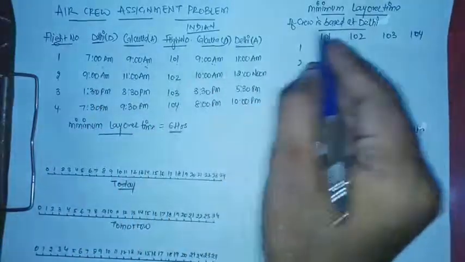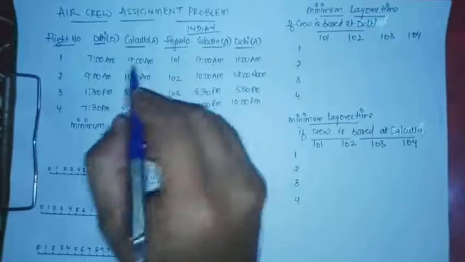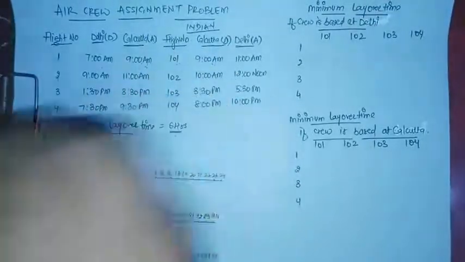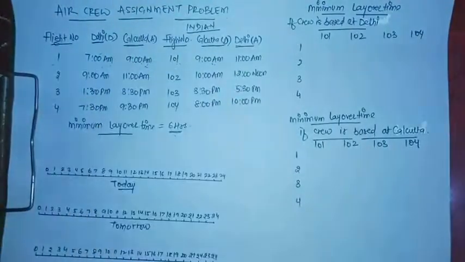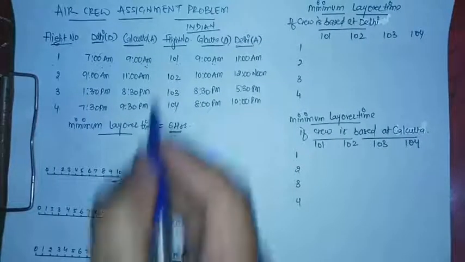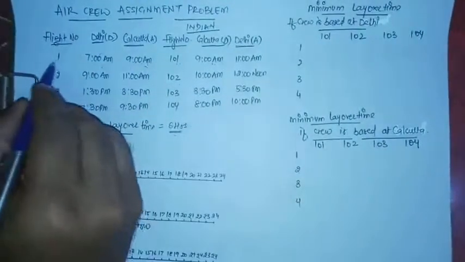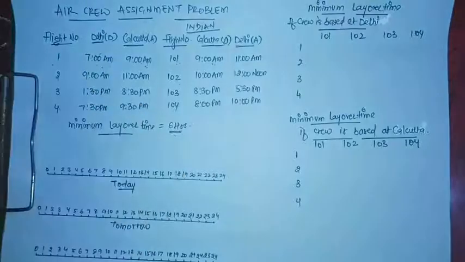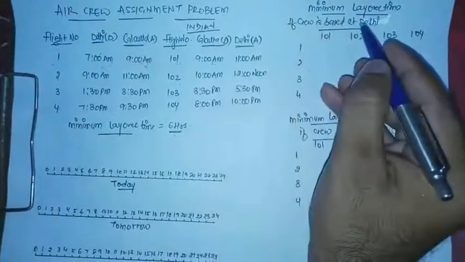Okay, so let's start. Our crew is based at Delhi, so they have reached Calcutta, and now let's see what will be the minimum layover time. Our crew has reached Calcutta at 9 a.m. Firstly I am looking for flight number 1. Here is flight number 1, because the crew is based at Delhi.